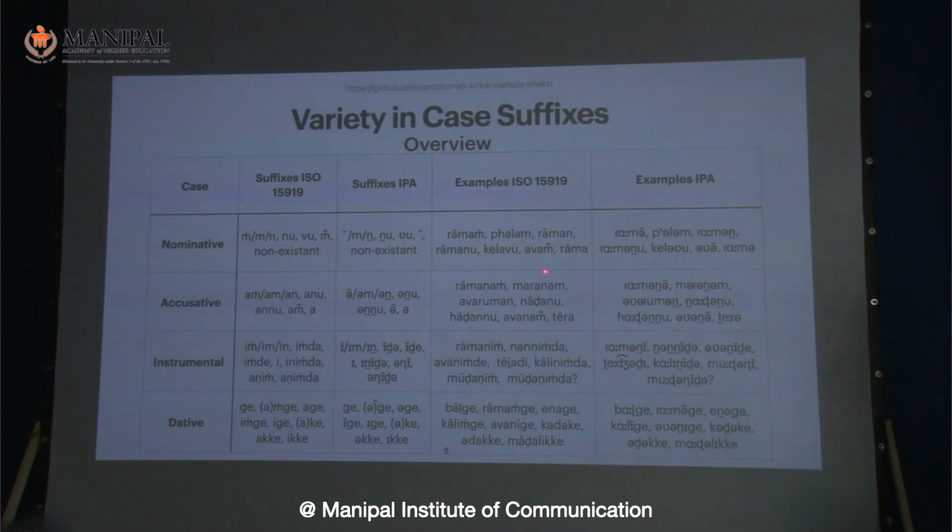Phalam, all these things. But there is also some opinion that Anuswara is actually nun, not to be pronounced as mun. So it could be Raman, as in Malayalam or Tamil, instead of Ramam as it is traditionally pronounced in Kannada reading. Of course, it is Ramanu in Hosa.